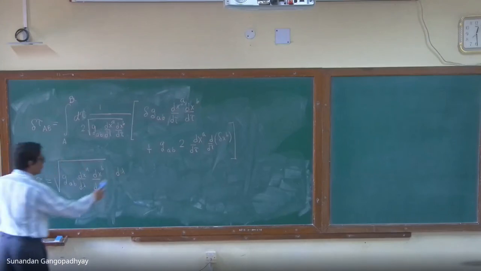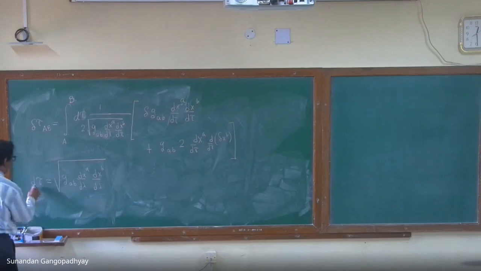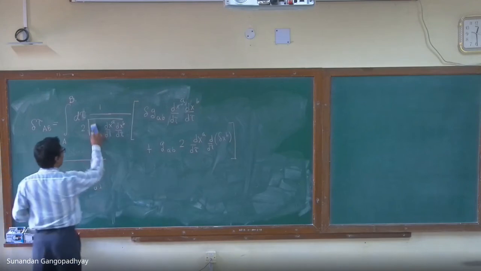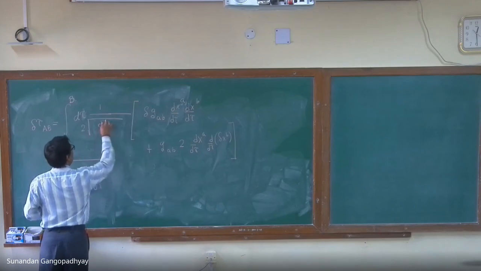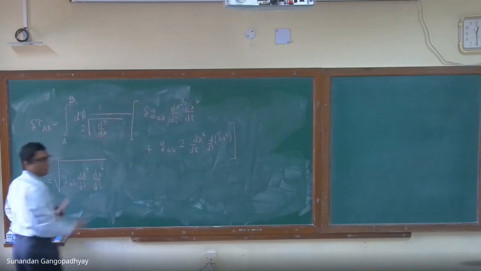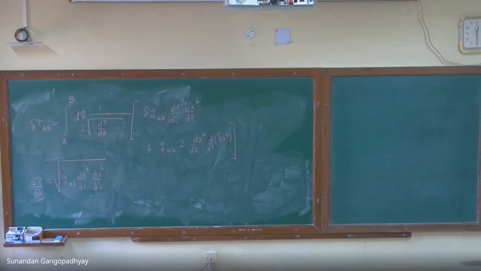This was d tau, right? Like this. So this particular thing that you have is nothing but d tau d lambda.